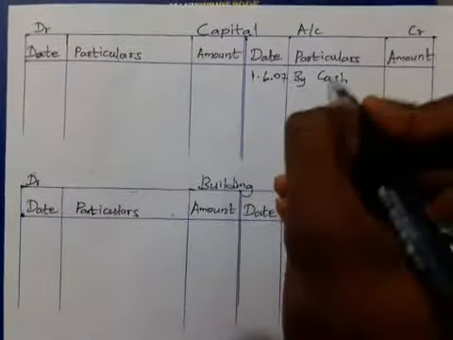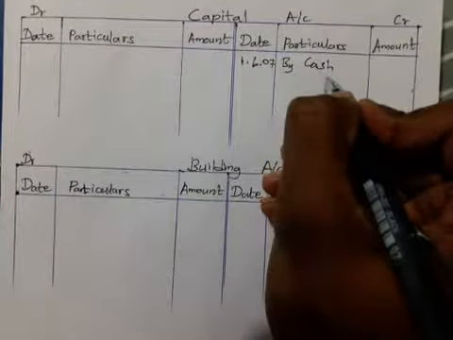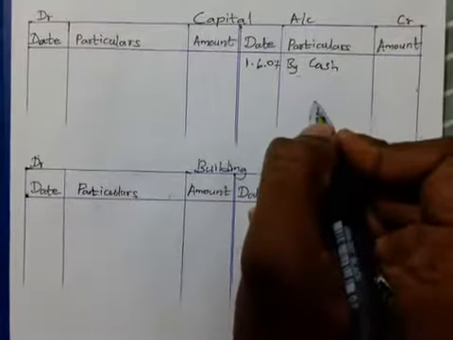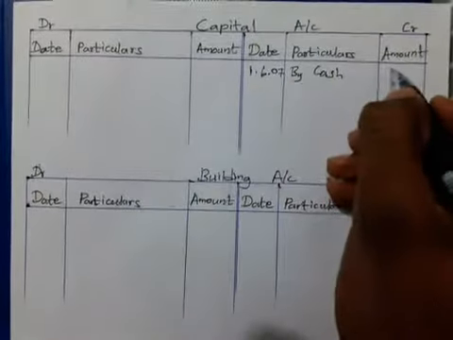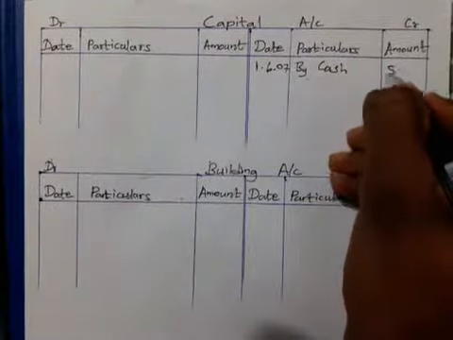Because we are writing here as cash, as this opposite entry we have written in the cash account. So 5 lakhs.